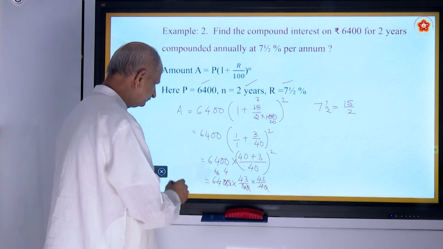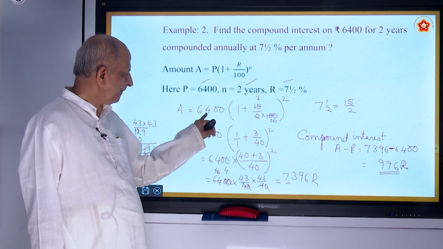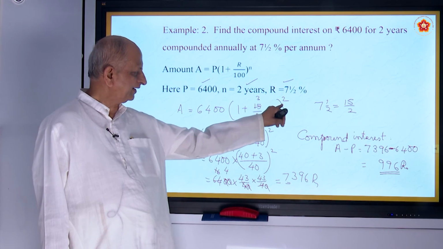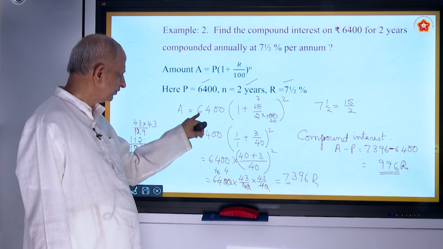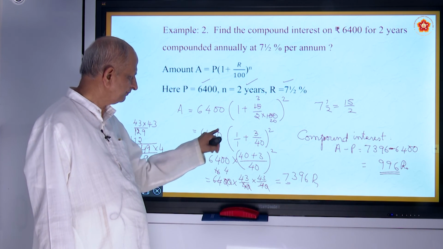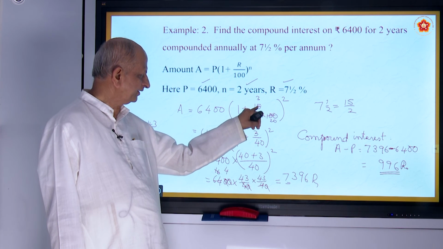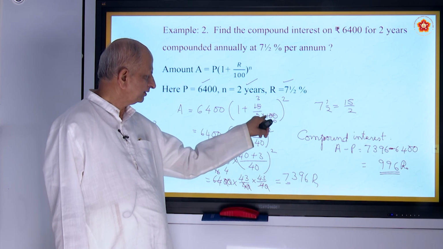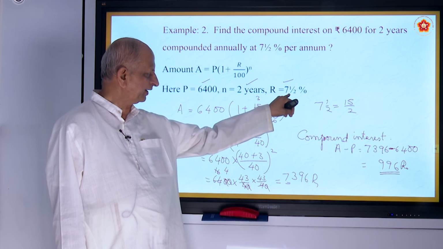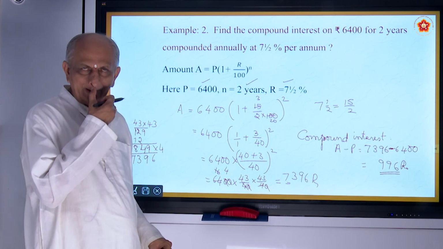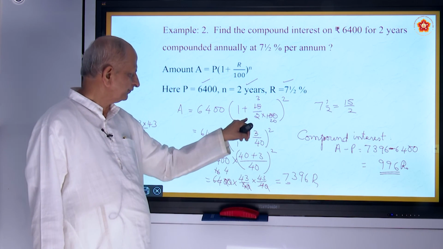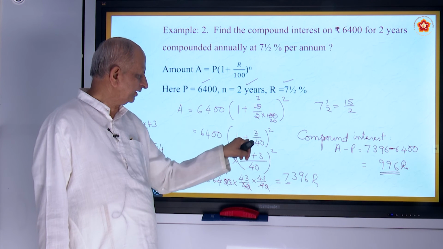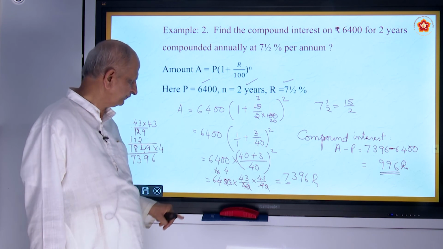How much does it come to? A is equal to P into (1 plus R by 100) squared, because 2 years. So 6,400 is P, 1 plus R is 15 by 2, because 7.5%. That is how you convert a mixed fraction into an improper fraction. So 5 3s are 15, 5 20s are 100, 3 by 40 squared.